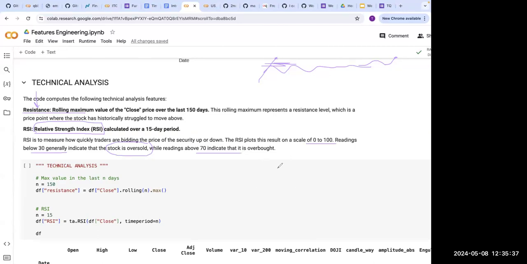A good example of the overbought category is Nvidia. They were overbought at some point because people were impressed more by its value than what it's actually worth. That's an example of overbought. It would have a very high RSI at that point. Oversold is the category it is right now in, right?